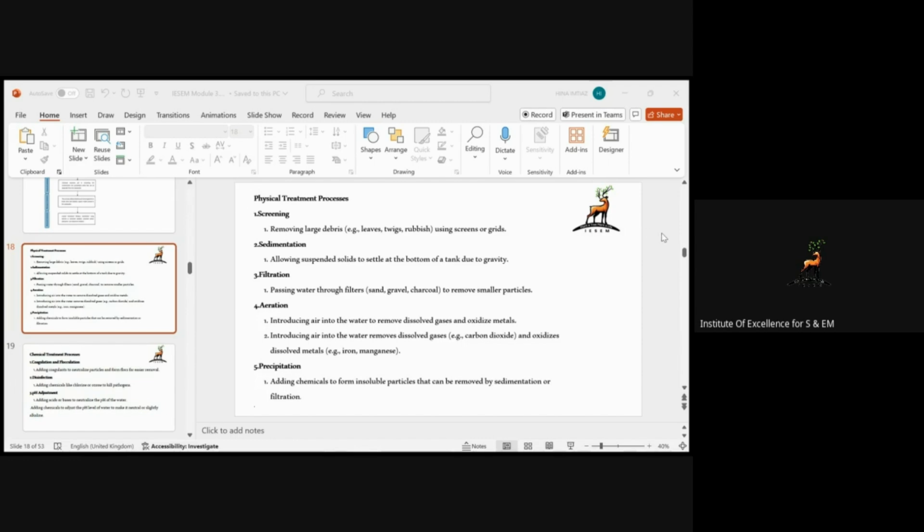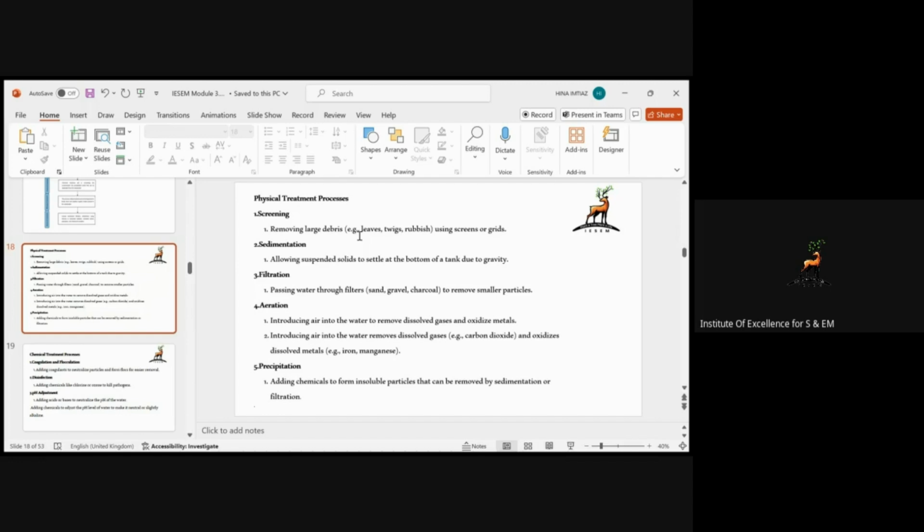Yes, this is tertiary treatment. The tertiary stage is very important when the end product is drinking water. And again, it depends upon the objective, what the end product will be used for.